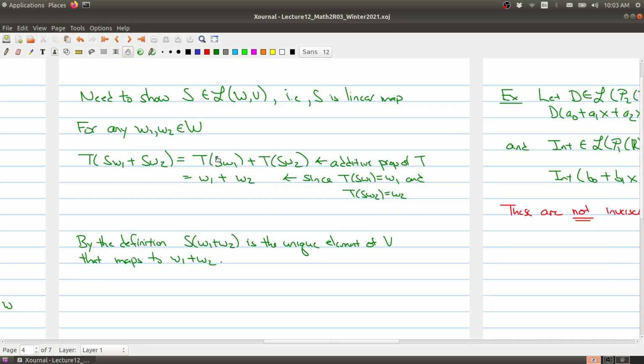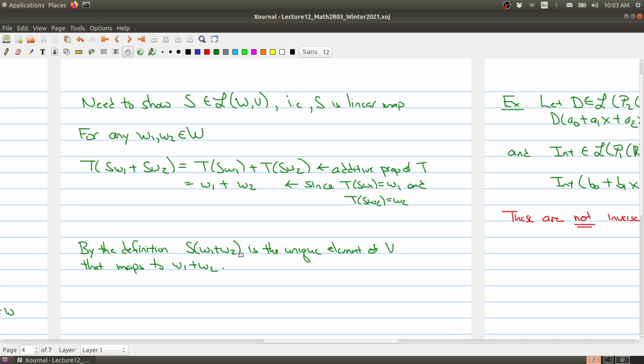But by our argument above, we also see that this vector S(w1) plus S(w2) also maps to w1 plus w2.